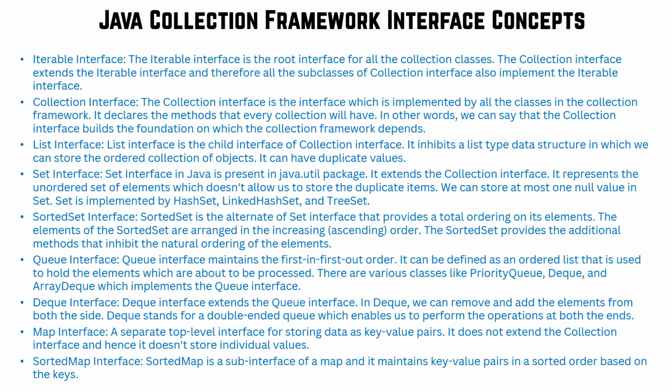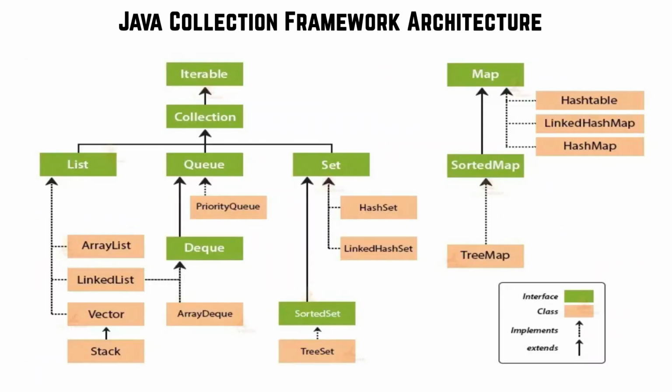Now what is Set? The Set interface in Java is present in the java.util package. It extends the Collection interface. It represents the unordered set of elements which does not allow the user to store duplicate items. The user can store at most one null value in the set. Set is implemented by HashSet, LinkedHashSet, and TreeSet. So that is the stuff we already discussed about the Set.